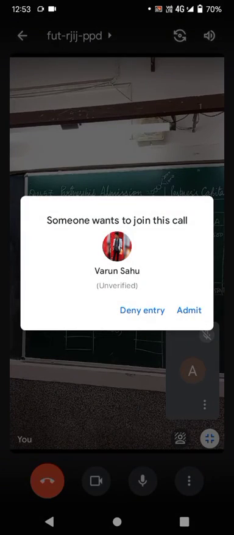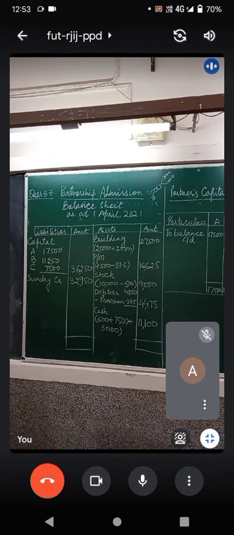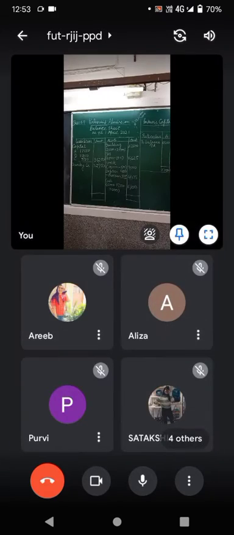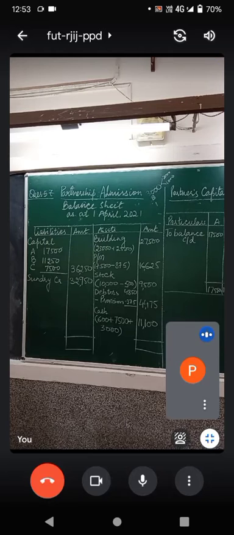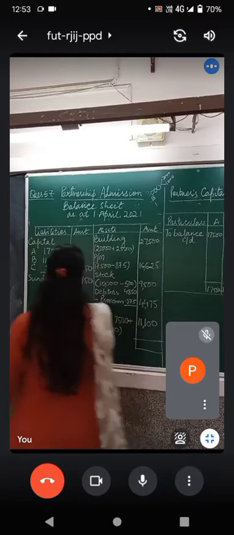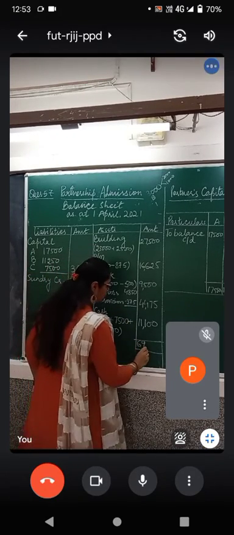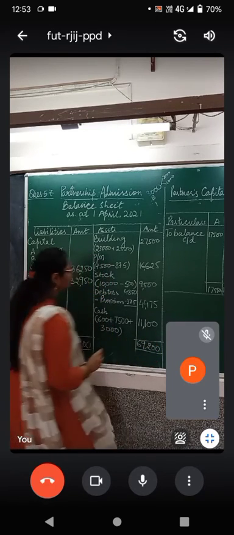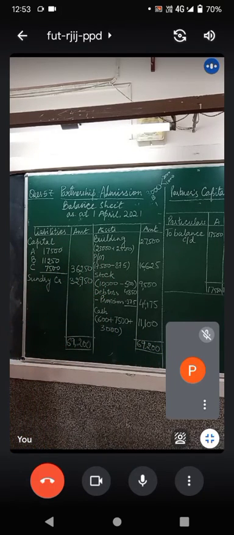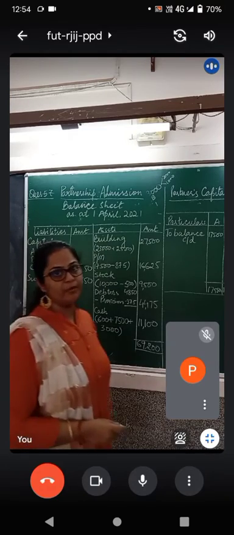How much is the amount of balance sheet? Anybody? Satakshi, Arib, or anybody else? It is 69,200. 69,200. So this is how your balance sheet for the newly reconstituted firm at the time of admission of C is done.